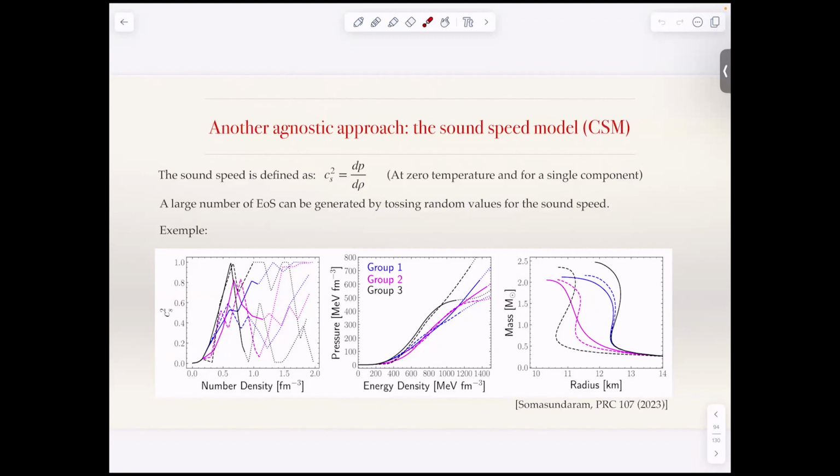But this is an illustration of what I was saying before, that these agnostic approaches allow you to translate a data, which is a maximum mass or whatever, into information that you can more easily compare with the knowledge that you have from microscopic approaches.